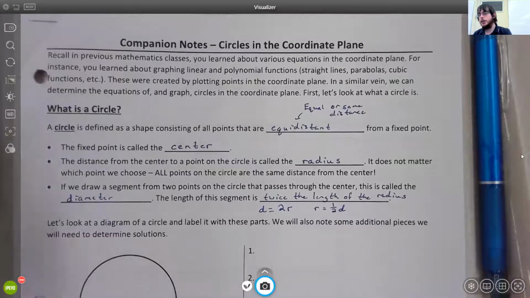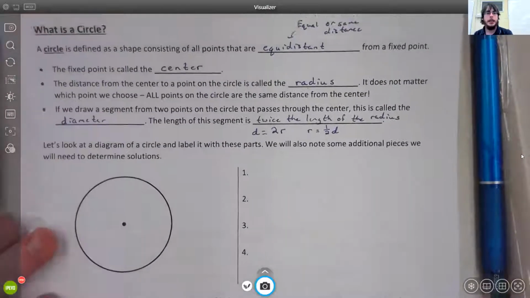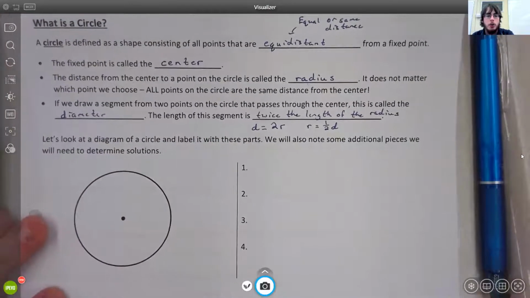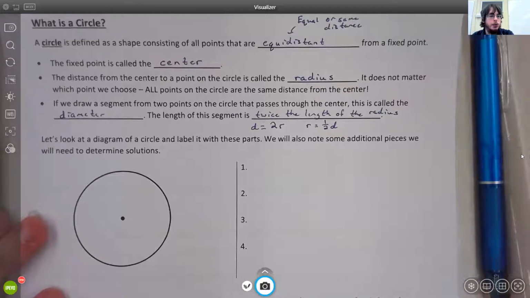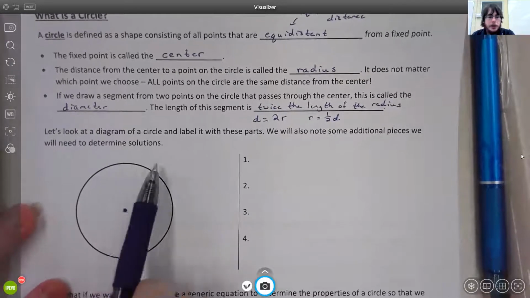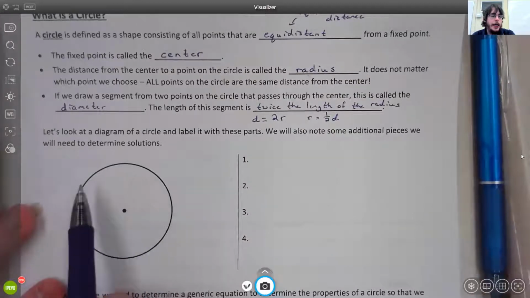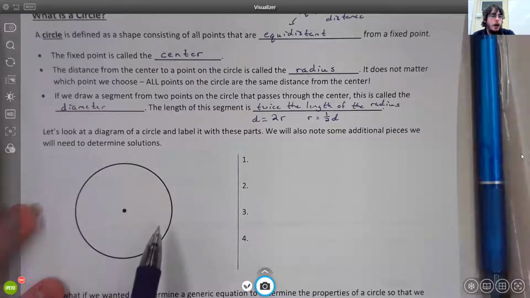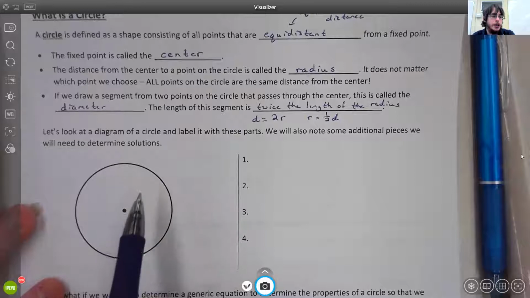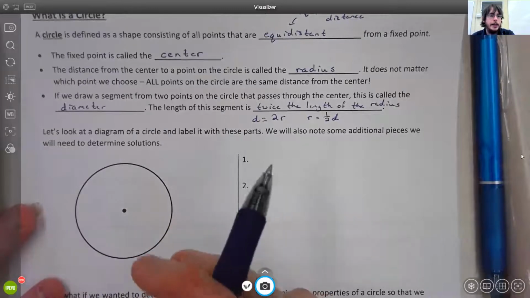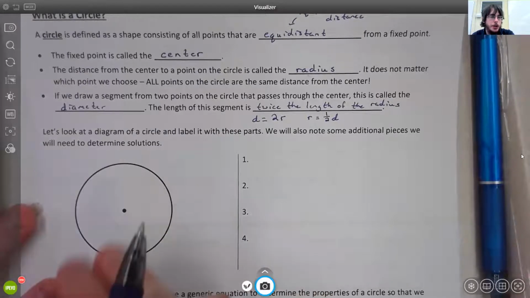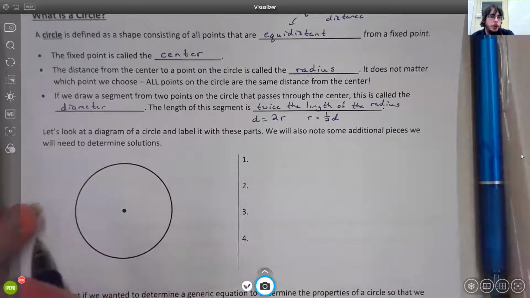So let's look at a diagram of a circle and label it with these parts. We'll also note some additional pieces we will need to determine solutions. So here we have a circle, and it's important to note that a circle only constitutes these points. The center is not technically on a part of the circle. It's just a property the circle has to help you graph the circle.